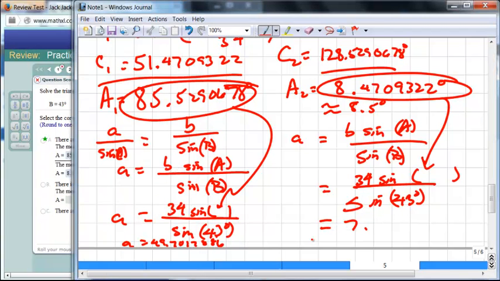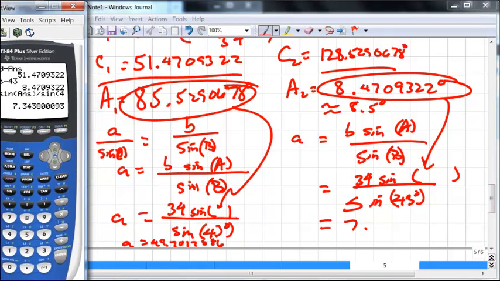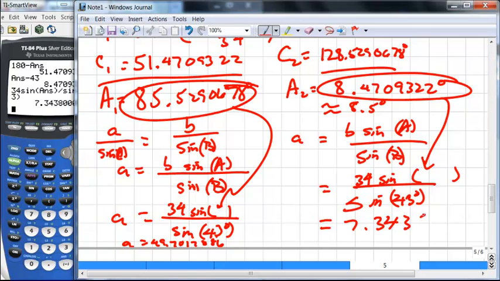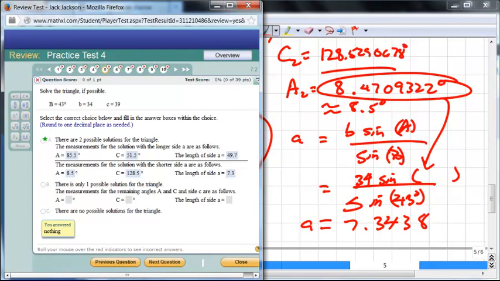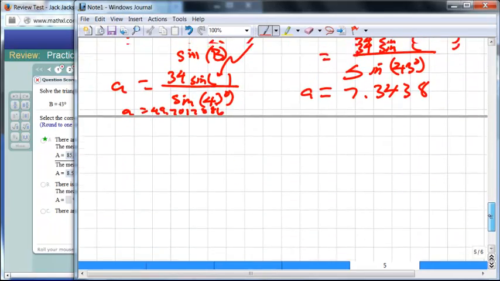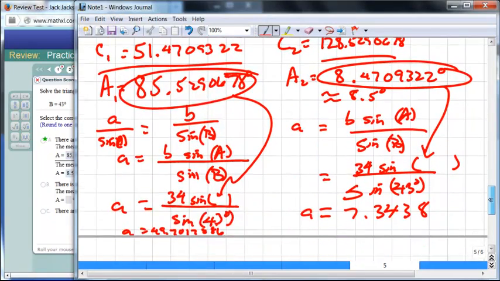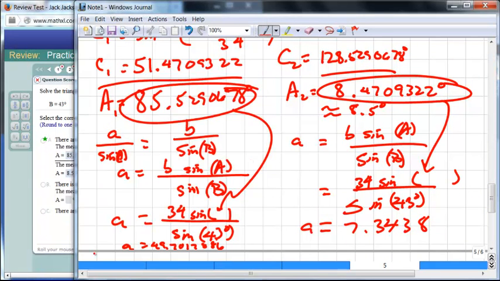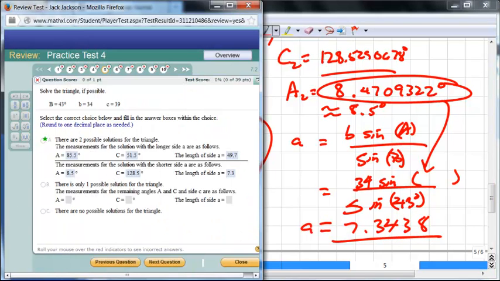So about 7.3438. About 7.3 for side A, which as you'll see is what we have here, 7.3 for side A. And then, is that everything? Yeah. There's the 128.5 for C. There's the 8.5 for A, and angle A, and then there's the 7.3 for that length.